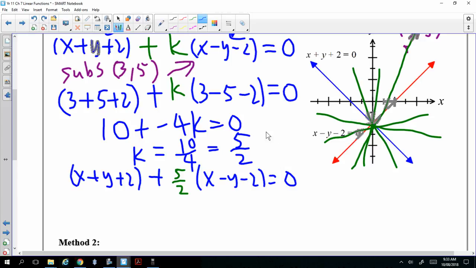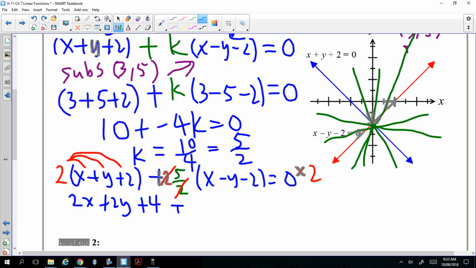Cancel. And then you start expanding. So you get 2x plus 2y plus 4 plus 5x minus 5y minus 10 equal to 0. And then you collect like terms, which is 7x minus 3y minus 6 is 0.